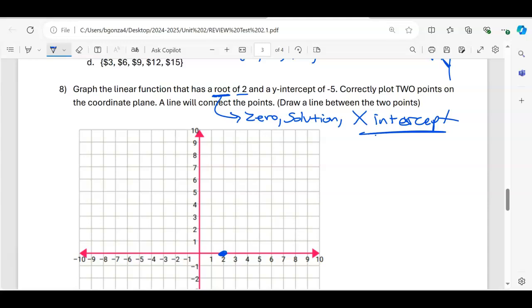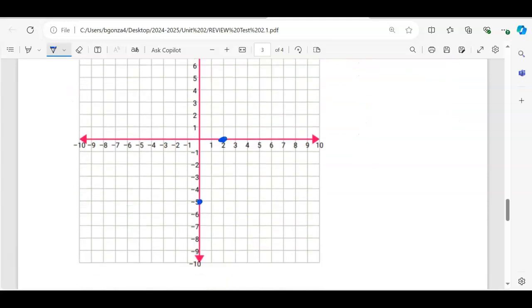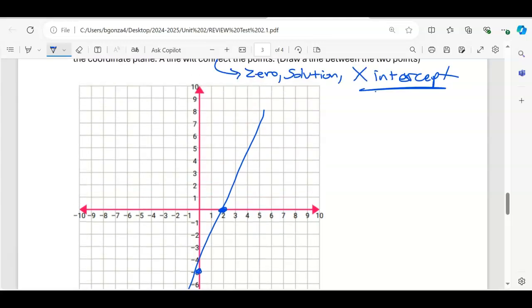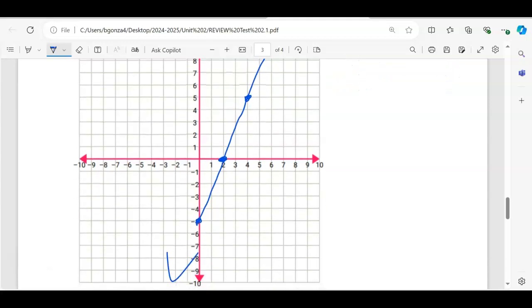Now when you click those points on the graph, it's going to immediately automatically make a straight line on the computer. But since we're here, we have to kind of draw it ourselves. There we go.